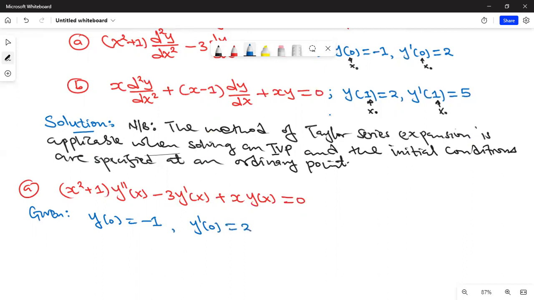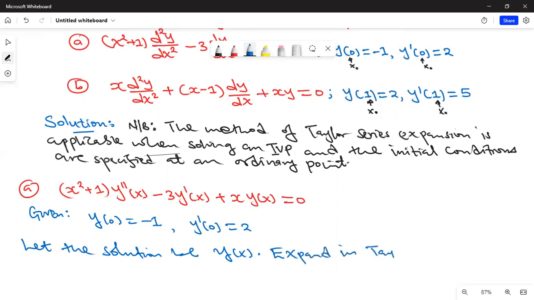So you say let the solution be y of x. That's what you need to solve. Now expand this in Taylor series.